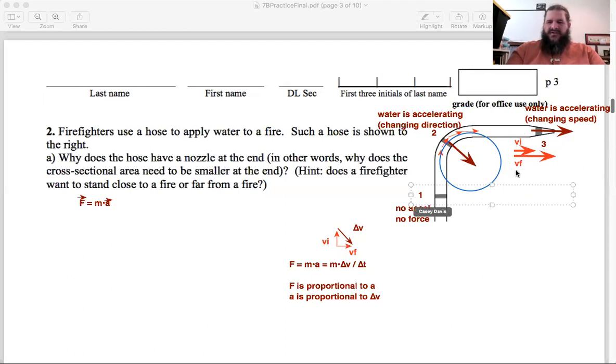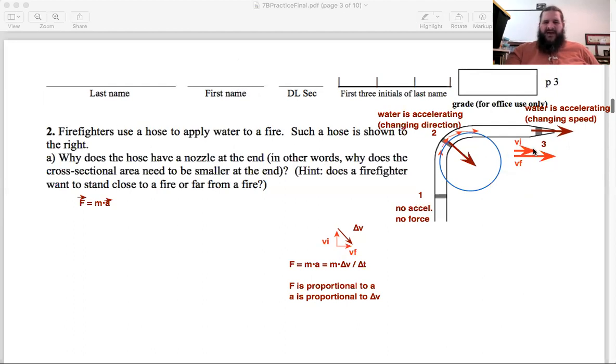So we've got our V initial, V final, and I find this a very useful way to subtract vectors. If you want to know the difference, put both vectors at the same origin, the same starting point, and look into what do you have to add to V initial to get to V final.